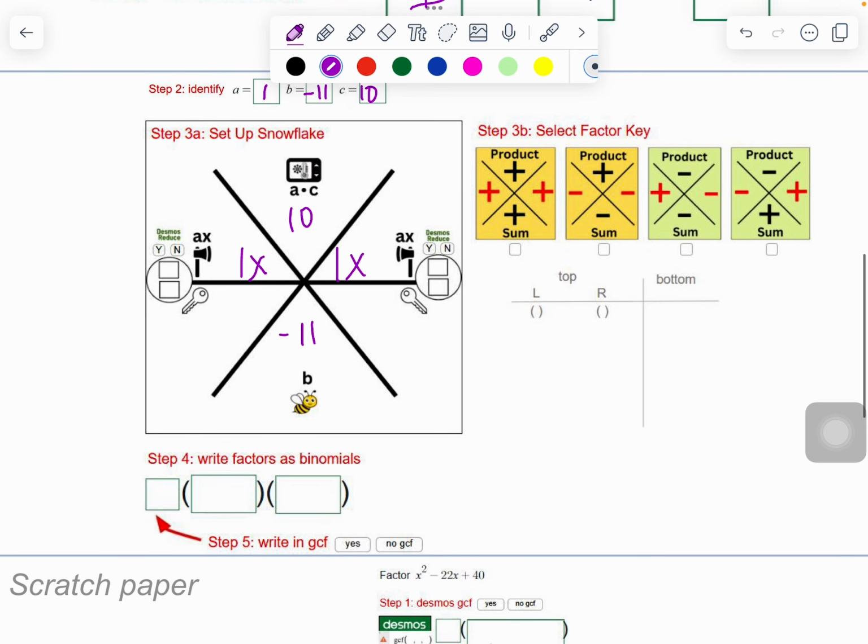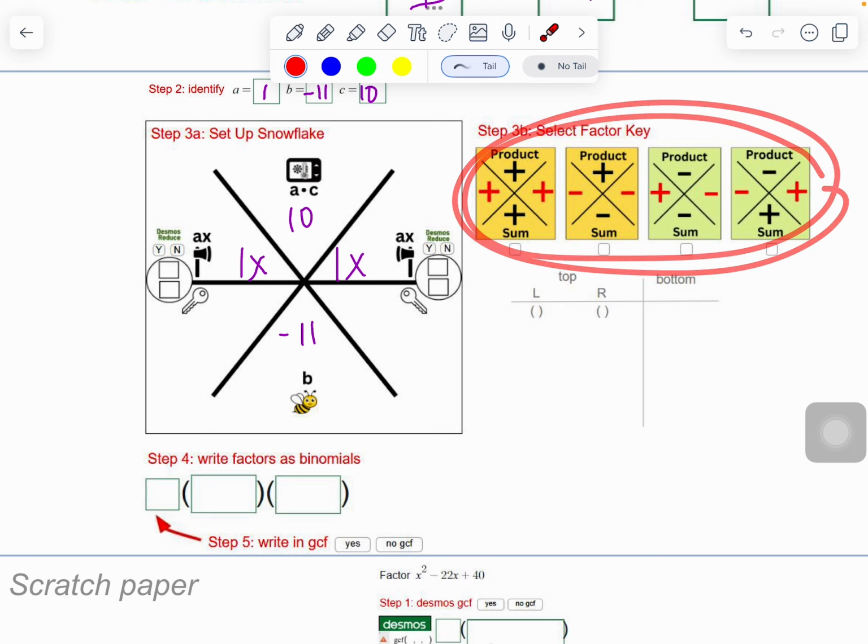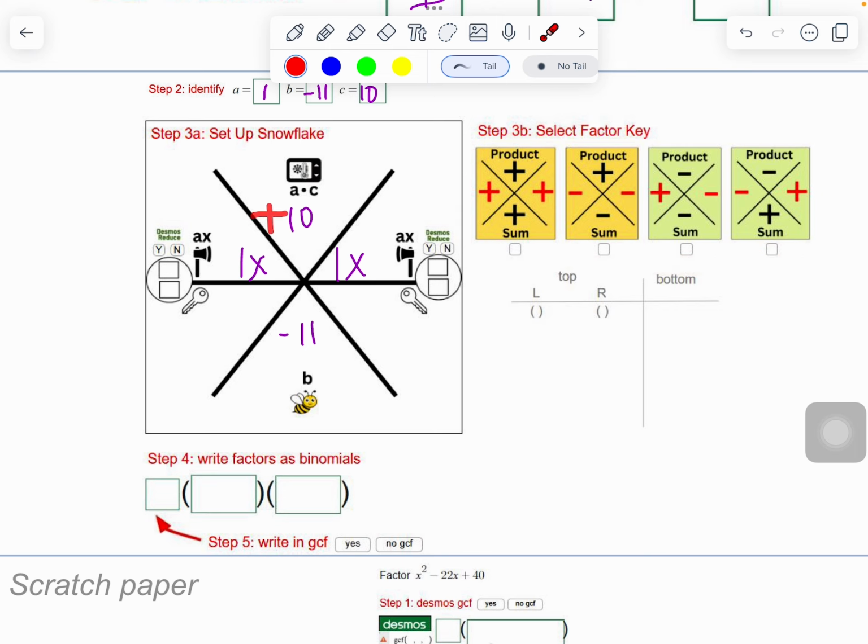All right. If I'm looking at my key factors here, we get to use this on the test, which of these has a positive on top and a negative on bottom? Not that one. Positive on top, it would be this one right here. So I know I'm using this one, which means my two numbers have to be negative.